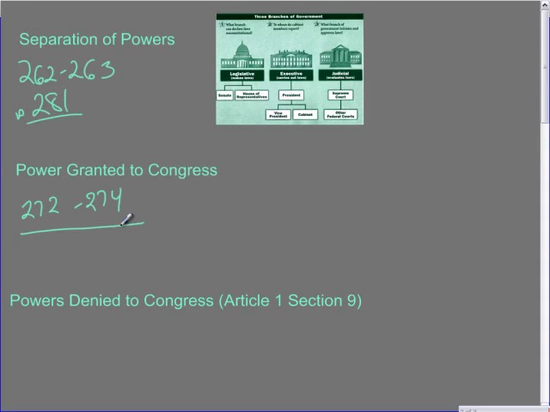When you look at this, you're thinking about how they can collect taxes, they can declare war, and these types of things are all listed out right there for you. So if you go into those pages and read through that, you will see things like taxes and declaring war. Just read those, and then you'll have a very good handle on that.